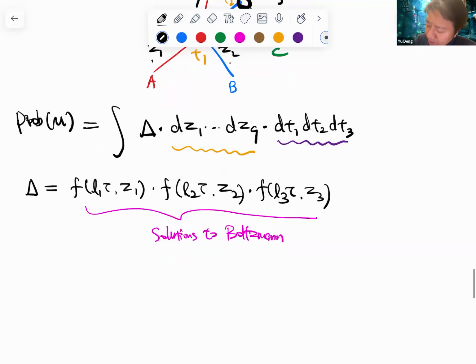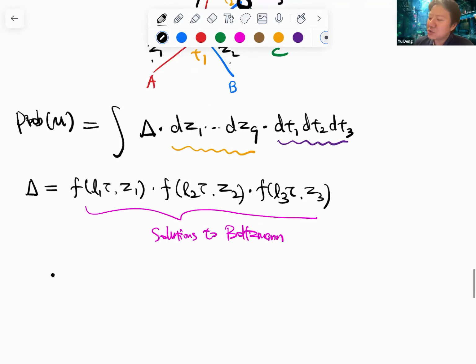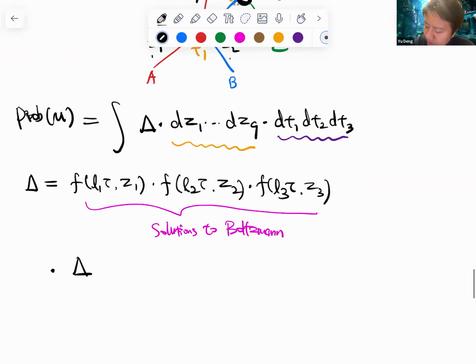And then we have these delta functions. The delta functions represent the interdependence of all these different Zj's, and this interdependence is given by the collisions. Since we have three collisions, the delta function is grouped into three groups.